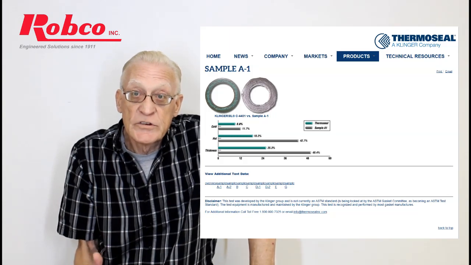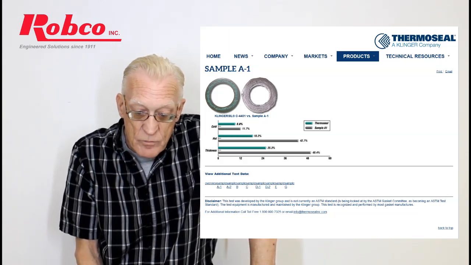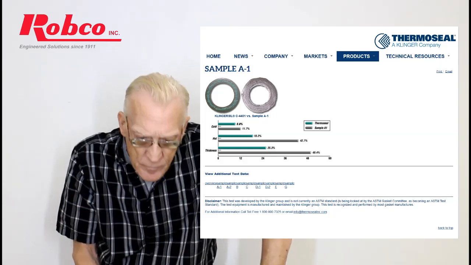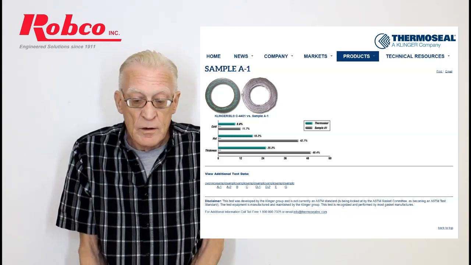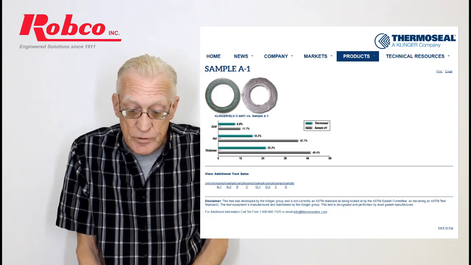So just the load itself did that to the gasket. When we put on the heat, we lose 18%, excuse me, and competitive 42. And you can just look at the picture of the gasket and see how much it broke down.